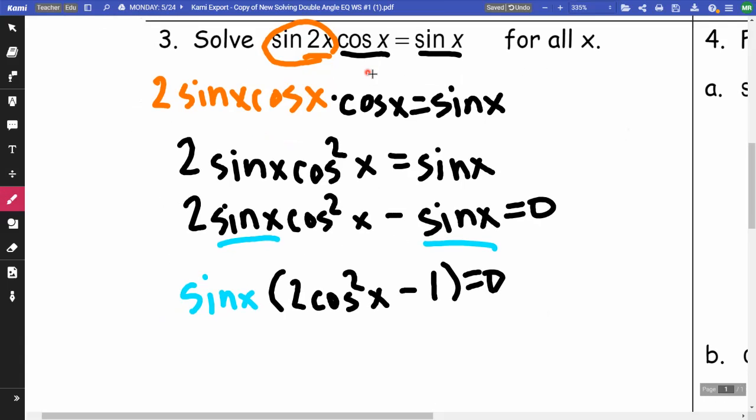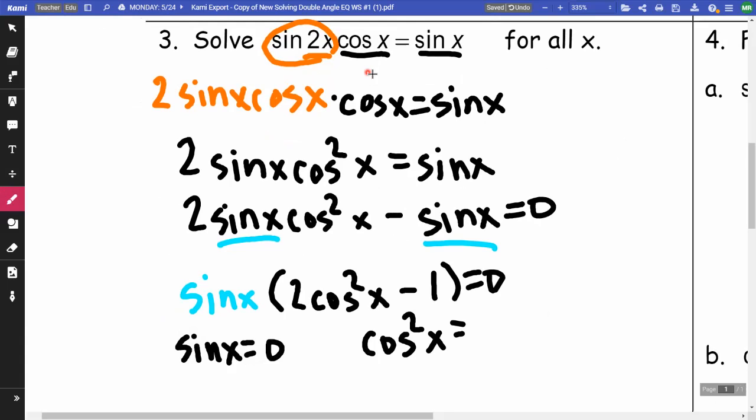And so now I need to figure out what makes sine x equal 0. And then for my parenthesis, if I set it equal to 0, my cosine squared x is going to equal 1/2. I'd add 1 and divide by 2. I then need to square root.